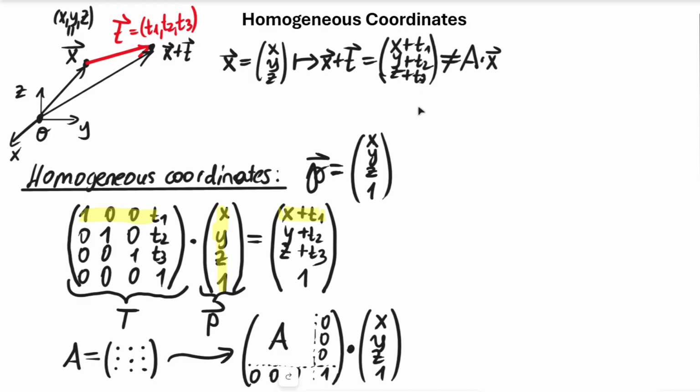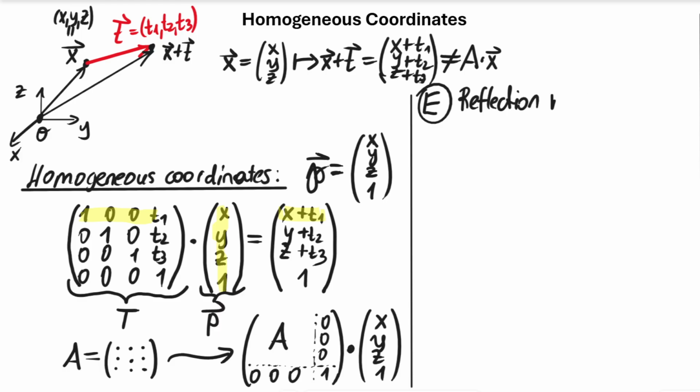Fine. So now let's look at an example. We want a reflection with respect to a plane which has the form x plus y plus 2z equals 6.